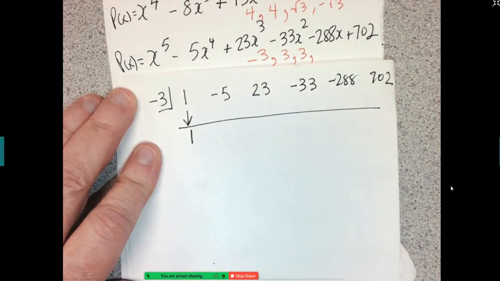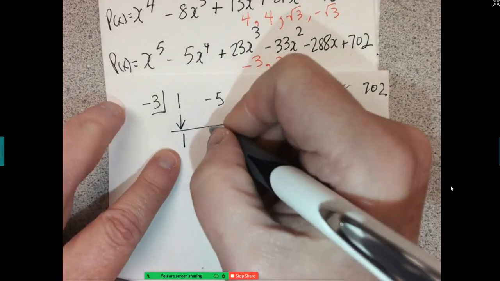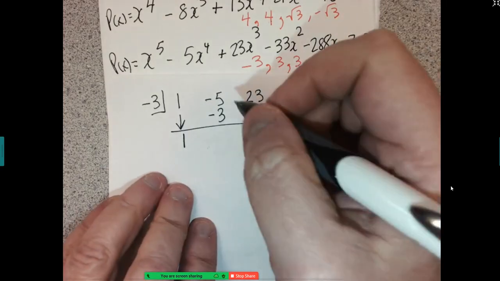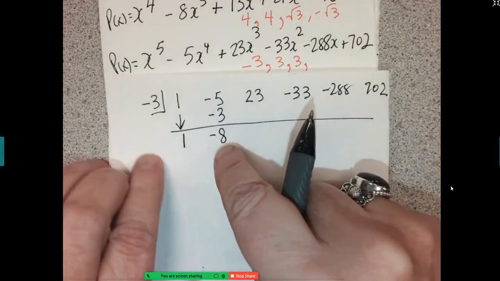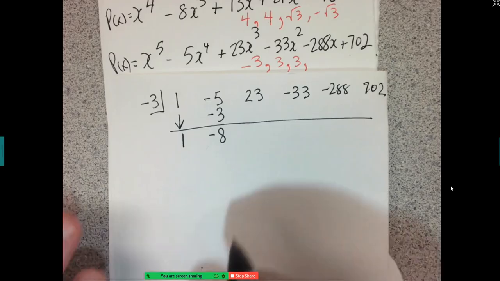Okay. All right. So if I start there, that times the number in the box gives me that. And then I add, and I should get negative 8. Then if I multiply those two together, I will get a positive number, which is 24.